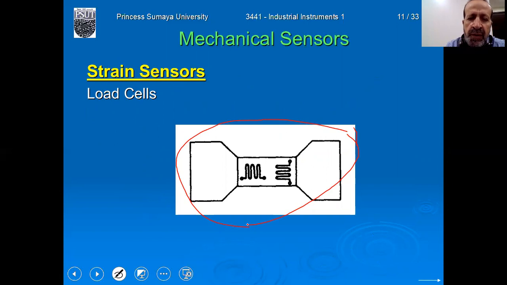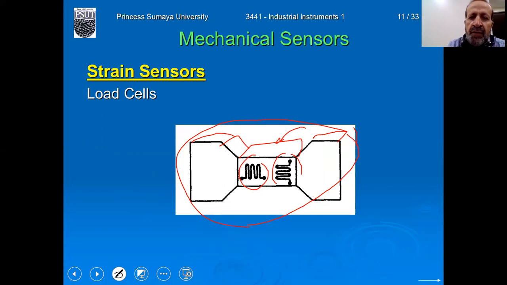In this case, we use this one as, for example, dummy, this one as active, and from the other face, the other direction here, we put another 2, because this is 3D. So in total we have 4 strain gauges. We can use 2 active and 2 dummy, or 4 active, much better in sensitivity.